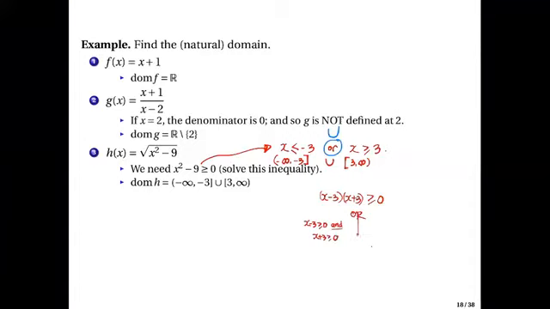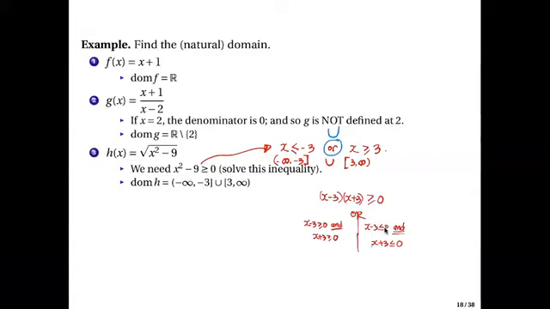And then the other case, you have x minus 3 less than or equal to 0 and, again, that's your "and," x plus 3 less than or equal to 0. They must have the same signs. x minus 3 must be positive. x plus 3 must also be positive. So if you multiply them, you will get positive.